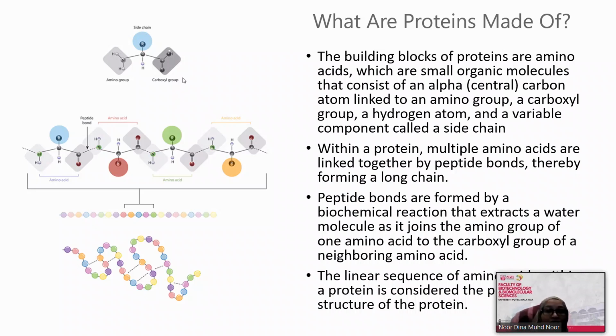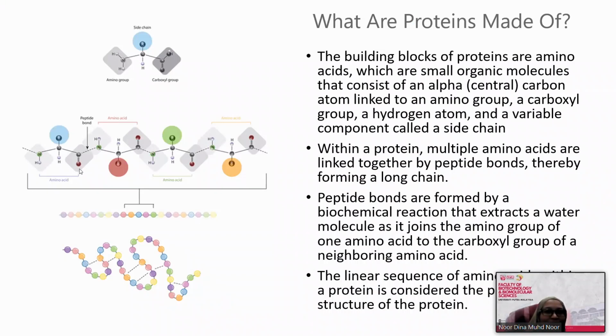And how is this amino acid combined together, from one amino acid to the next one, which happens in the elongation process in protein synthesis? So here's the thing.